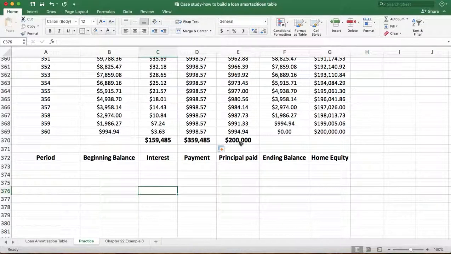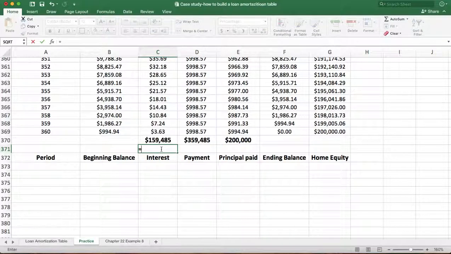200,000 goes to pay off the loan, pay off the principal. Around 160,000 goes to interest. How many percent? We can calculate the percentage.